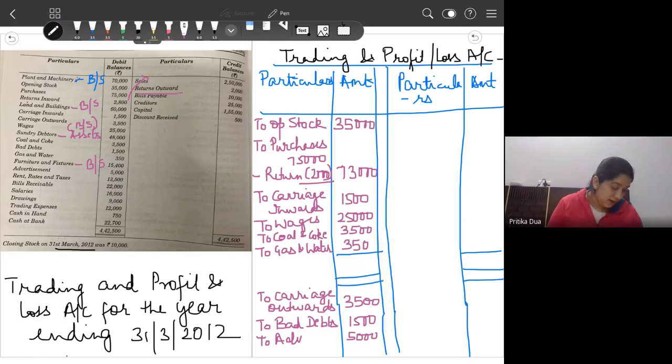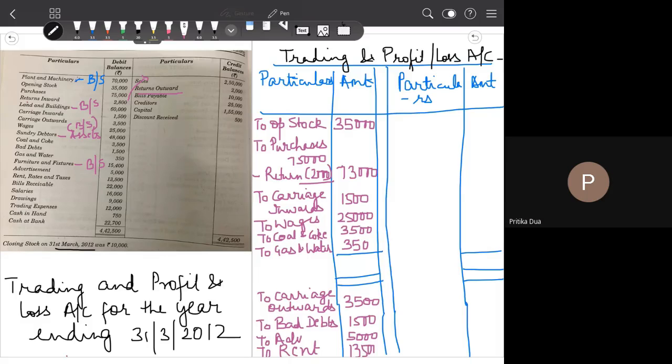Then rent, rates and taxes. Now rent, rates and taxes, if nothing is mentioned, we assume it to be an indirect expense and I write it on the debit side, to rent, rates and taxes 13,500. If there is any doubt till here, please ask.